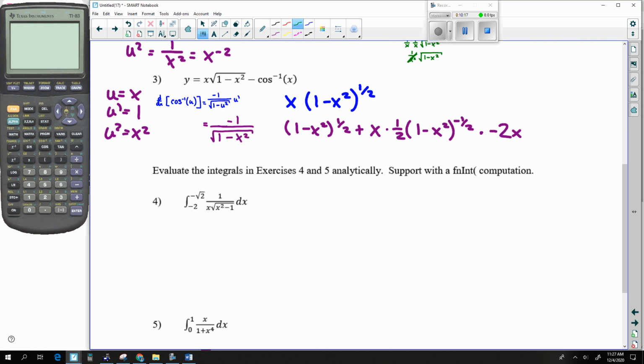All right, so I see a 2 and a 2. The 2s are going to join forces, and the x's are going to turn into a minus. So this is a negative x squared over the square root of 1 minus x squared. And this is just straight up the square root of 1 minus x squared over 1. So getting a common denominator of the square root of 1 minus x squared, this is going to turn into a regular 1 minus x squared that's already there, and this is going to be 1 minus x squared square rooted.